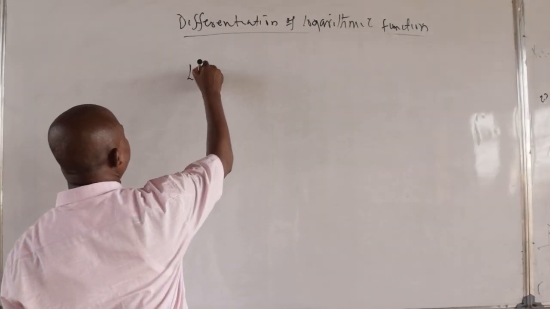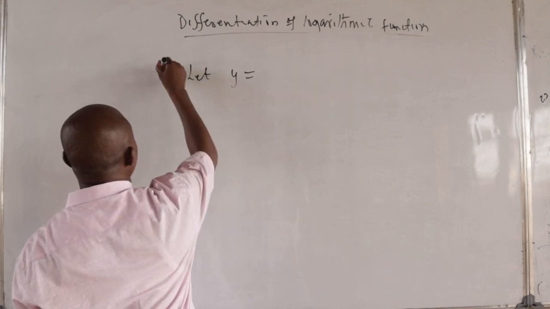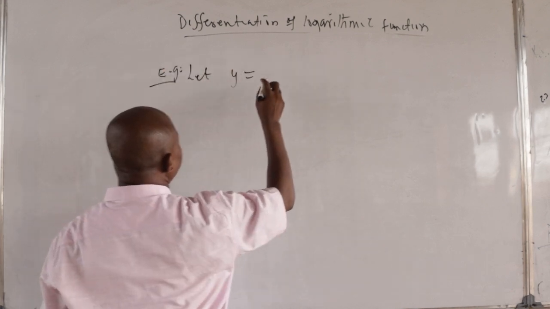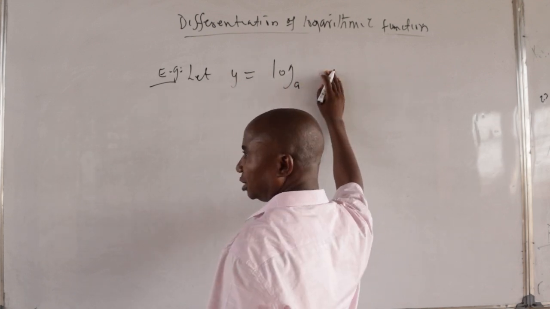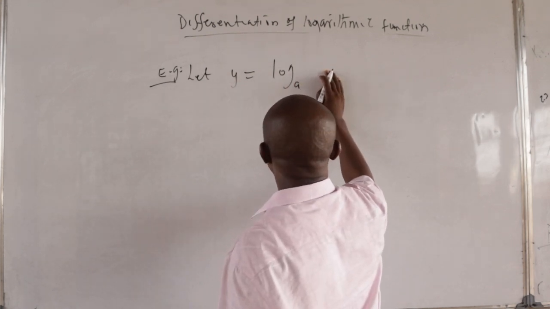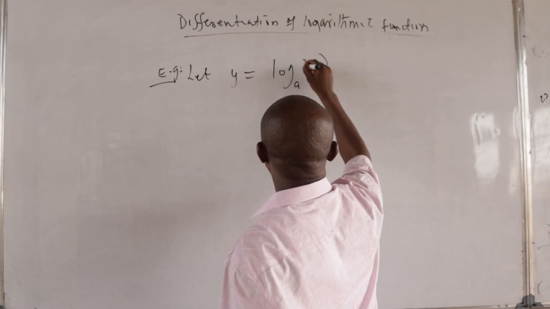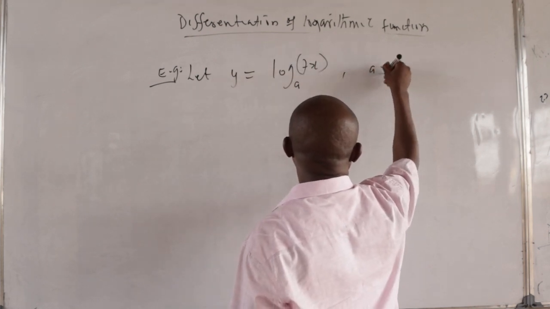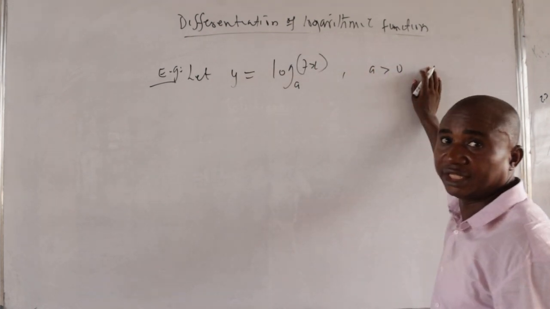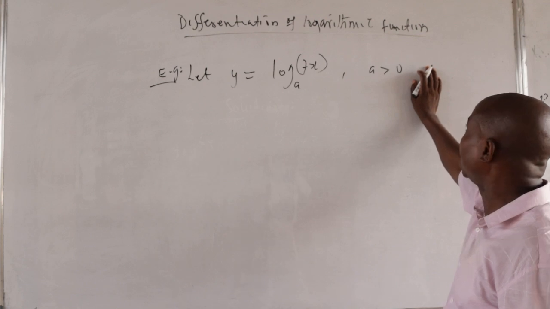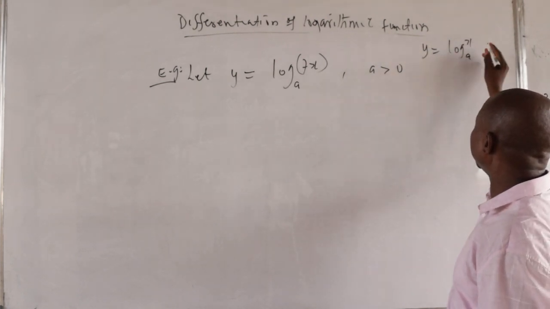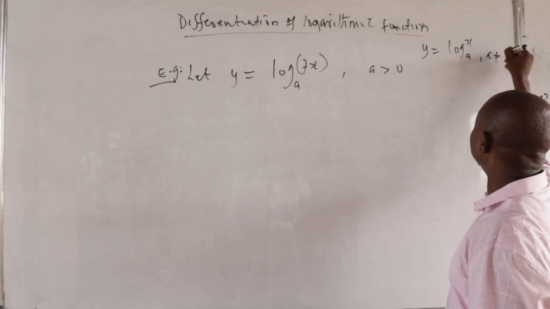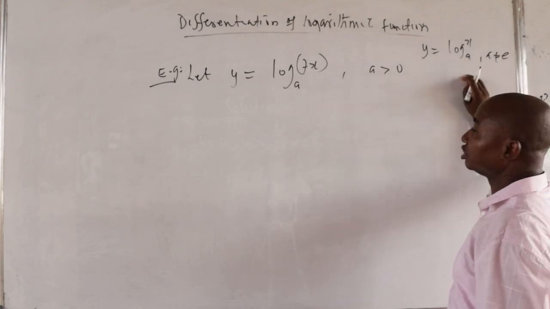Let us take y to be, so this is still another example, y to be log to base a of 7x. Here our a is positive, just like it was at the start when I introduced y to be log of x to base a, where a is not e, and then we did the change of base.